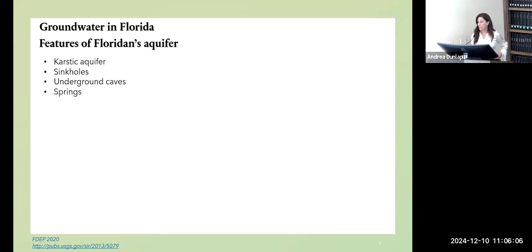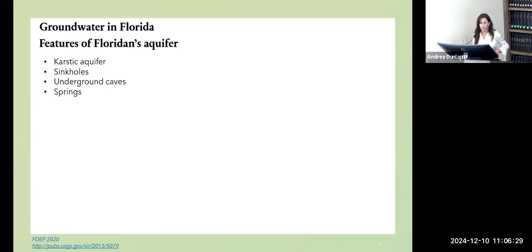And also because of the specific geology and climate conditions in Florida, this aquifer system is very unique. This karstic aquifer, with the presence of sinkholes, underground caves, and springs everywhere, makes itself very connected to surface water.